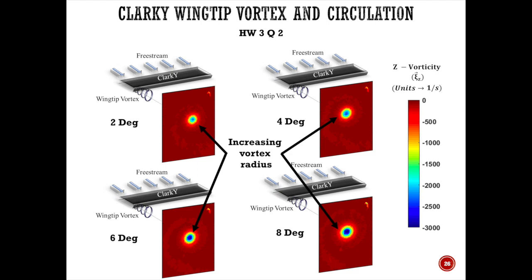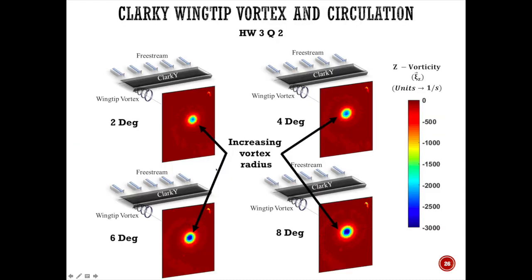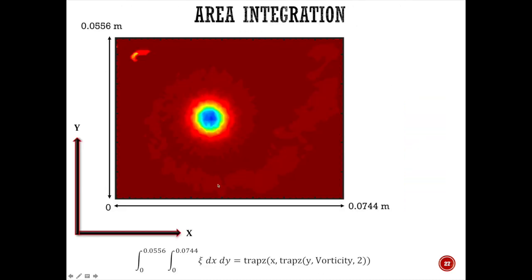So if you take just one, say for example 2 degree, and if you want to find circulation, remember circulation is an area integral. So that means you need to integrate with respect to x, and then you integrate with respect to y. So if you use this trapezoidal function, you will be able to determine an area integral of this flow field.